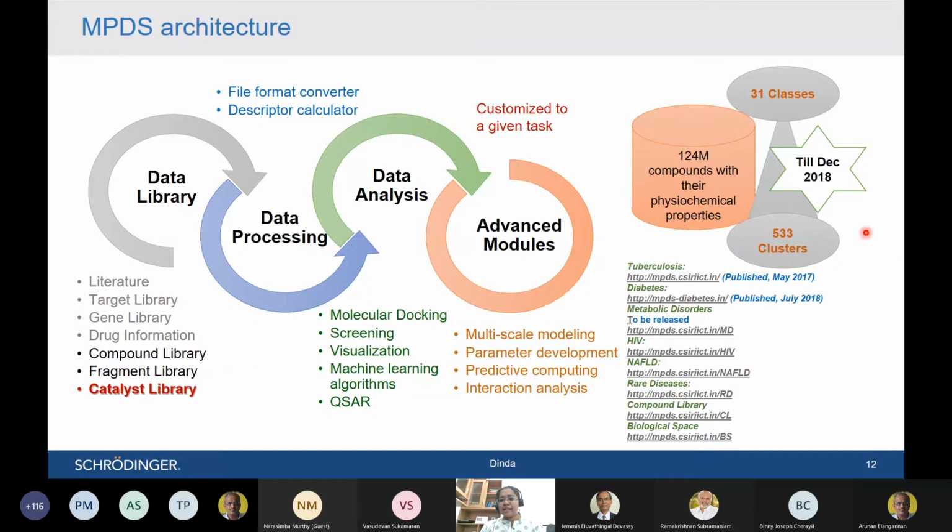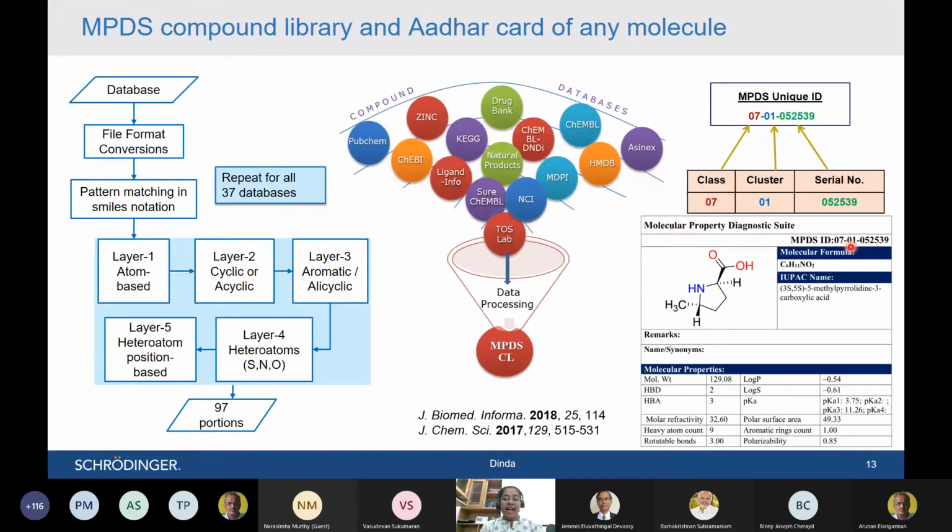Till 2017 and 18, they had around 124 million compounds, and those compounds are divided into several classes and clusters based on their architectures. One interesting thing in MPDS is the MPDS Aadhaar card, which is very unique.